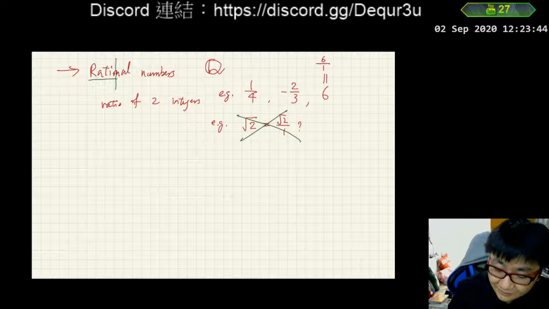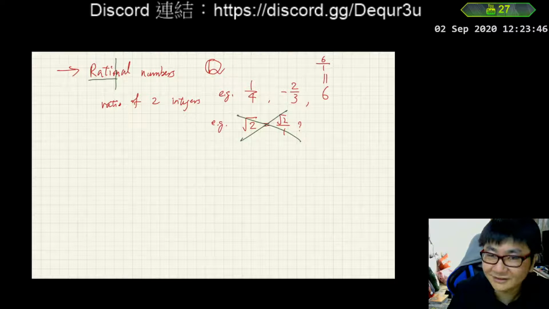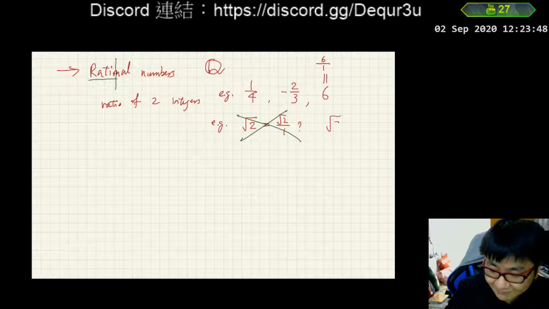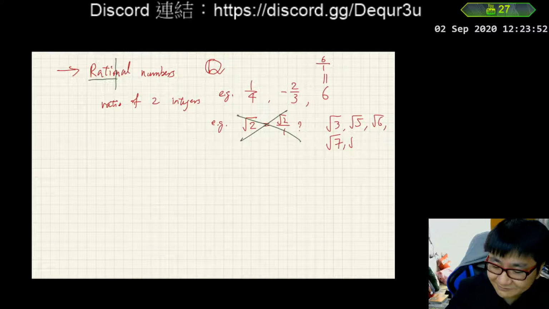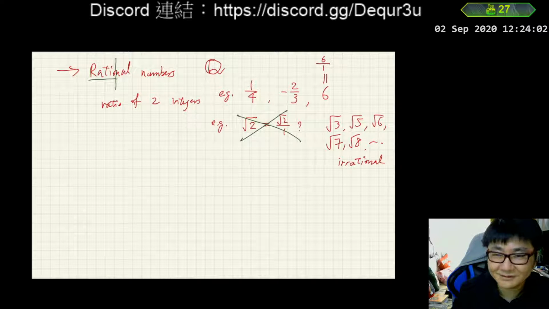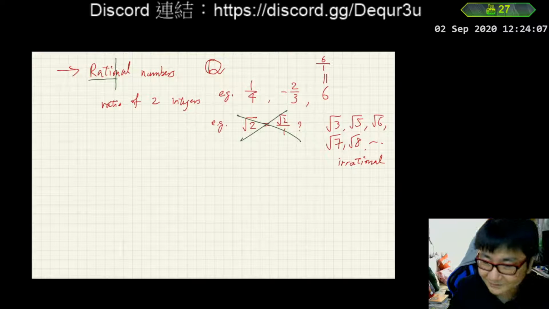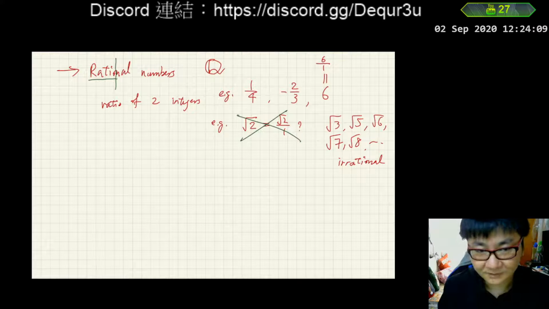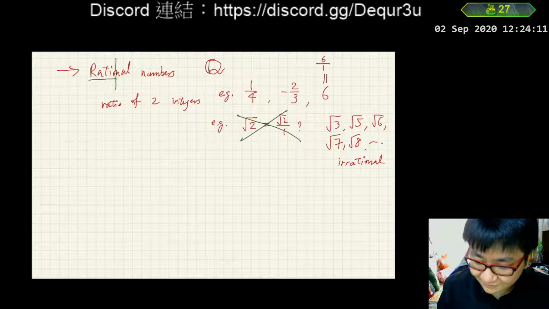In fact, any square root that is not beautiful, for example square root 3, square root 5, square root 6, square root 7, square root 8, and so on, is irrational. But we do not have a symbol for irrational numbers, because rational numbers seem more useful than irrational numbers, so we don't have a special symbol for it.